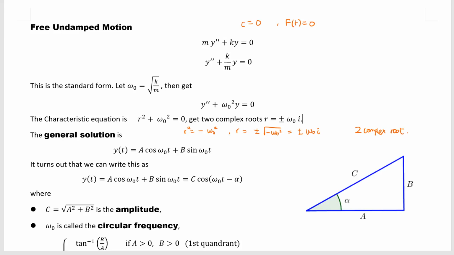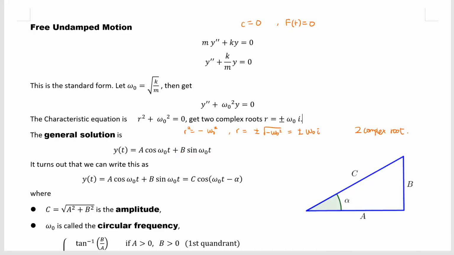So if we're in the free undamped motion, we will have 2 complex roots. You can see here we have no real parts, only imaginary parts. That's why our general solution looks like a cosine omega 0 t plus b sine omega 0 t. You might ask, why don't we use C1 and C2?